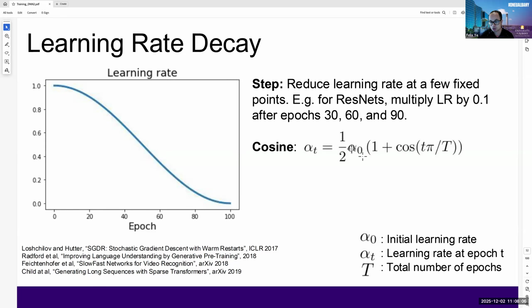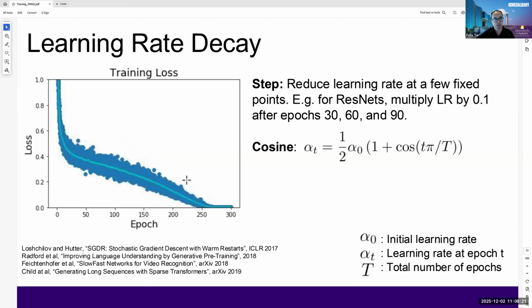This is the initial learning rate, this is the learning rate at epoch t, and this is the number of epochs we're going to take. That's why we take the cosine decay. You can see this is my loss along the epochs. It trains pretty well. Initially it decays very fast, and then it has a good decay. This is a very popular choice, the cosine decay rate.